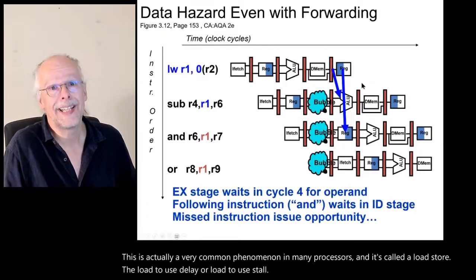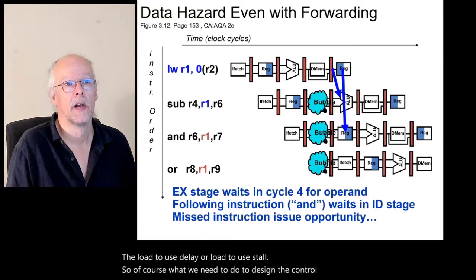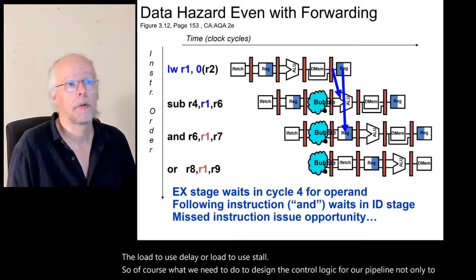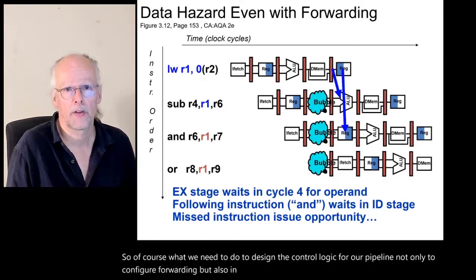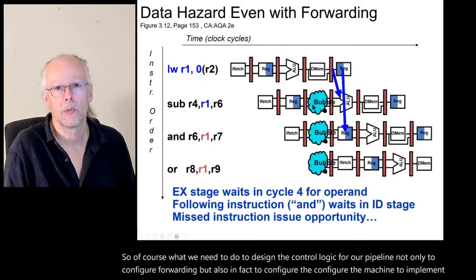Of course, what we need to do is to design the control logic for our pipeline, not only to configure forwarding, but also, in fact, to configure the machine to implement the resulting bubbles.